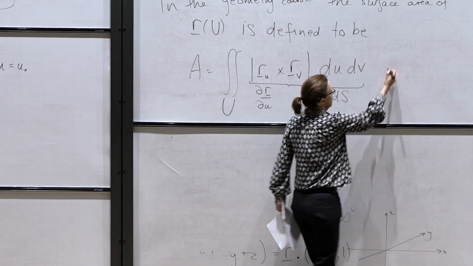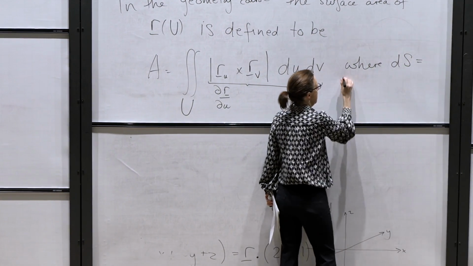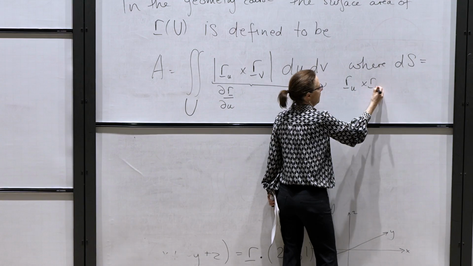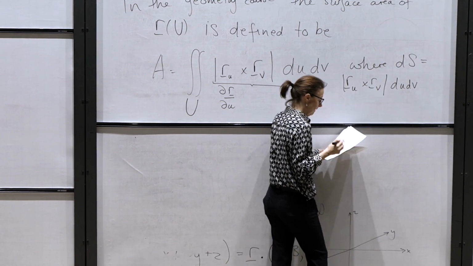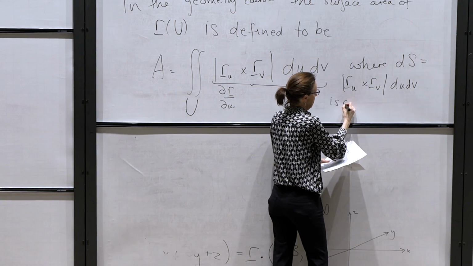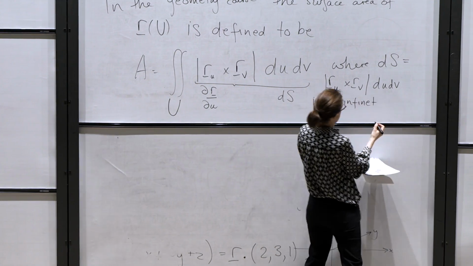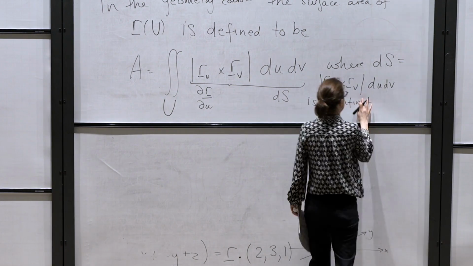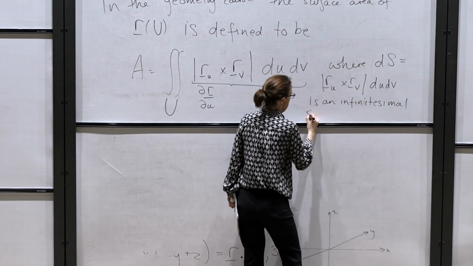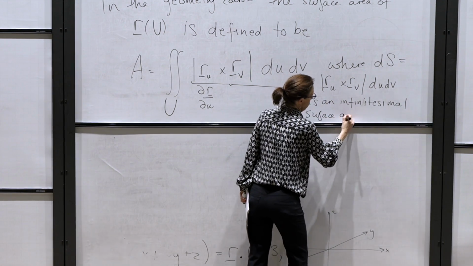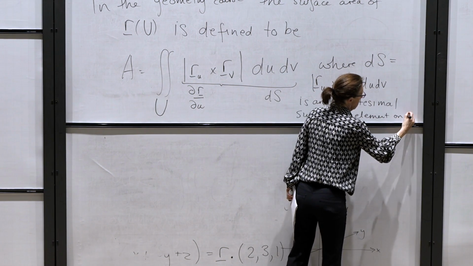So here, dS, which we've defined to be r_u cross with r_v, du dv, is an infinitesimal surface area element on r of U.